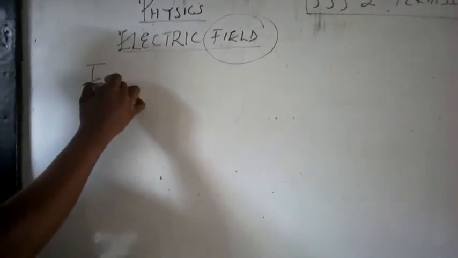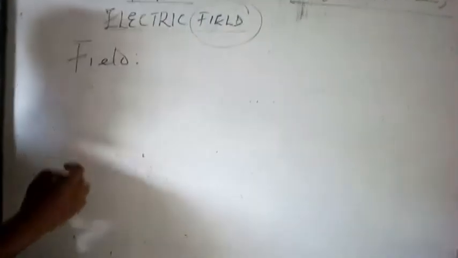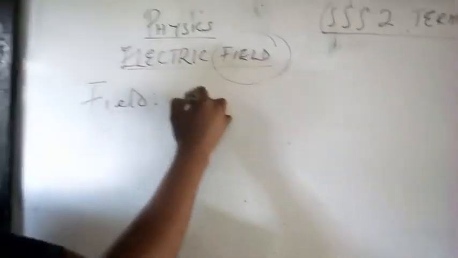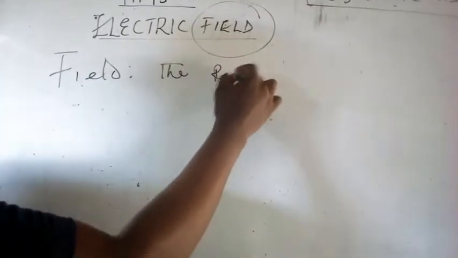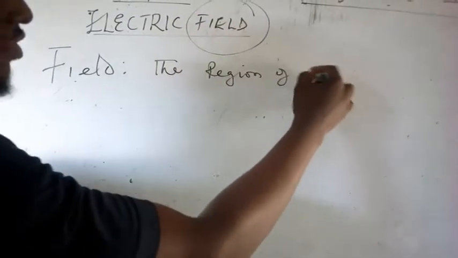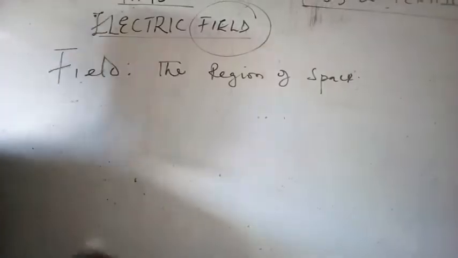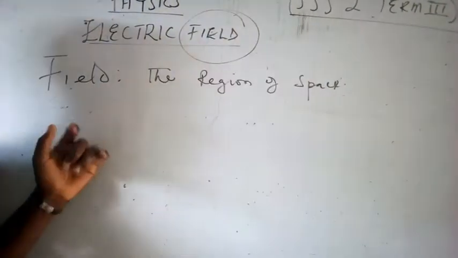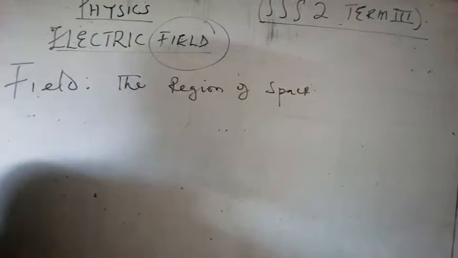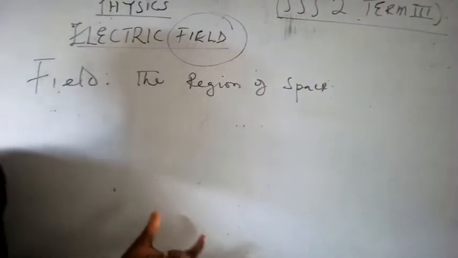Now, when you talk about field in physics, the word field means the region of space. When you talk about field, it is a region of space whereby something can be experienced.